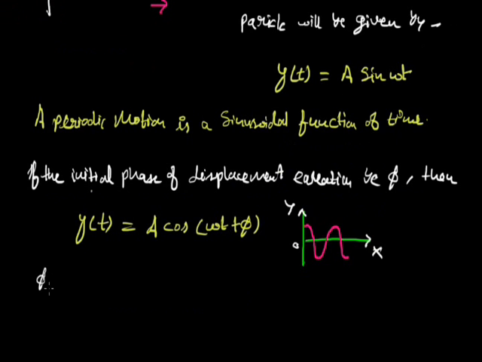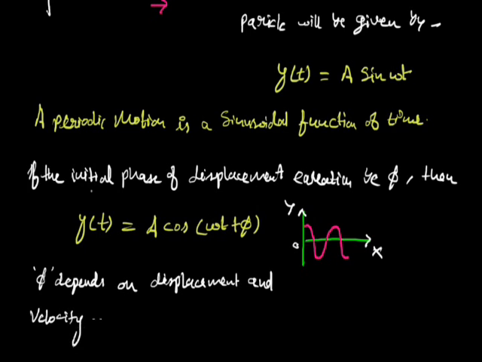The value of phi will depend on the displacement and velocity of the particle at the time instant t equals 0. The phi depends on displacement and velocity of the particle at initial time, that is t equals 0.